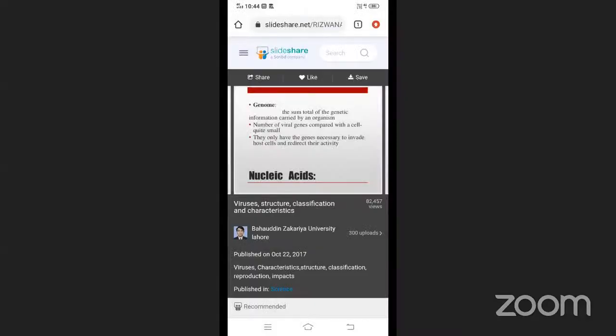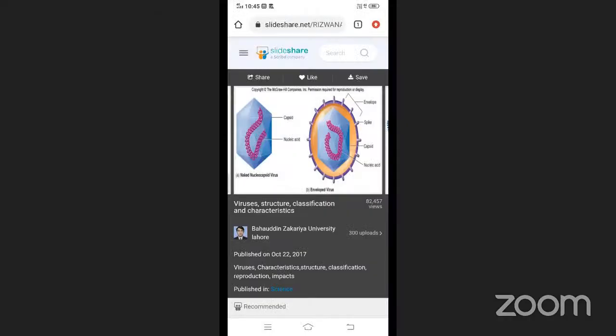Here the virus has a helical structure. Helical structure means this virus has helical symmetry, which has a protein coat made up of a number of subunits.